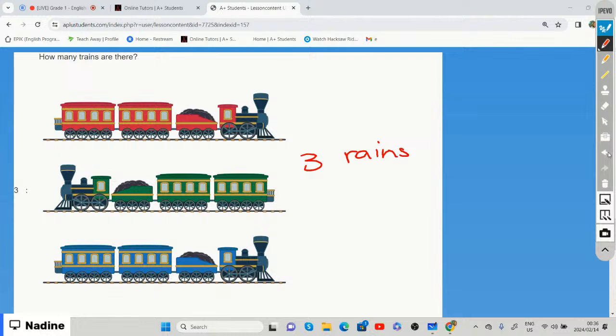So it's 3 points, three trains. So how many trains are there? There are three trains.